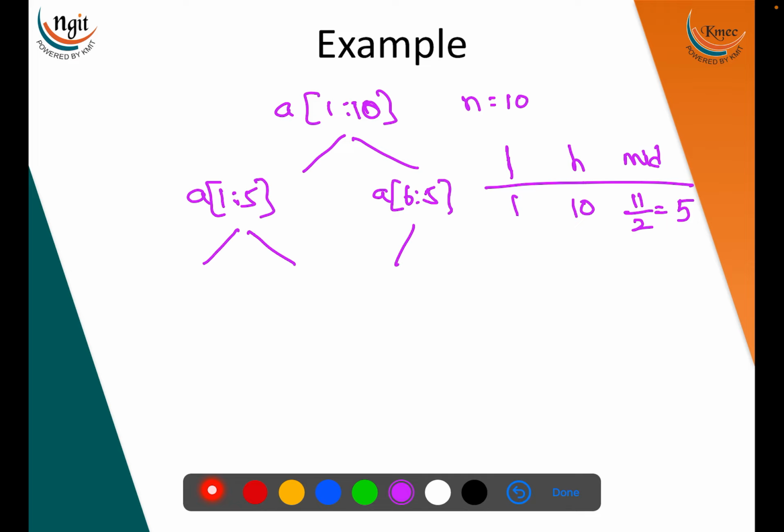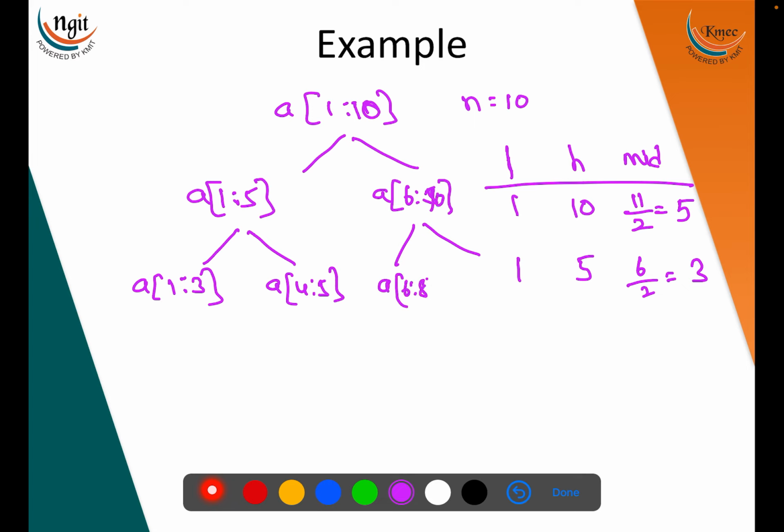Again divide into subproblems. Again low is 1, high is 5, 1 plus 5 by 2, 6 by 2, 3. That means A1 to 3 is one subproblem, A4 to 5 is the other subproblem. A6 to 8 is one subproblem, A9 to 10 is the other subproblem.